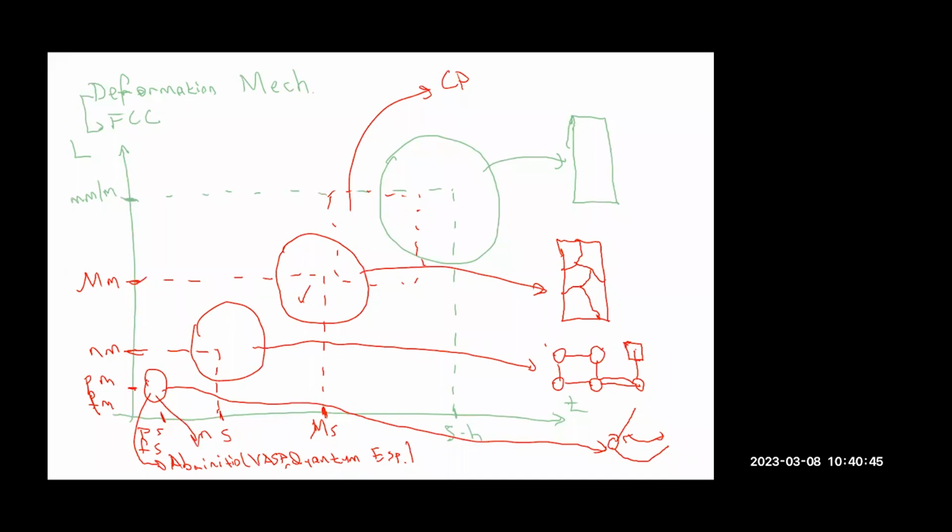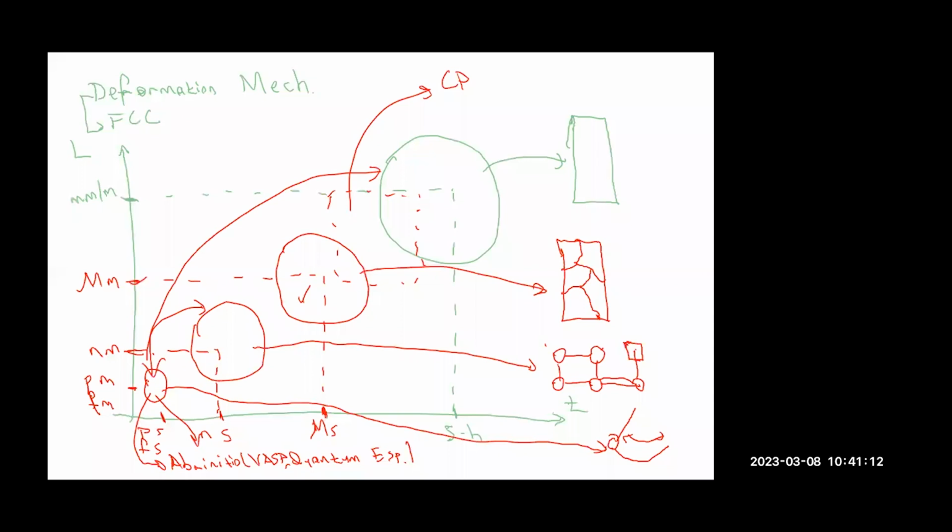Then the main goal is just to set the bridge between different scales and go up to the macro world or continuum scale. Maybe at continuum scale, we can have better predictions.